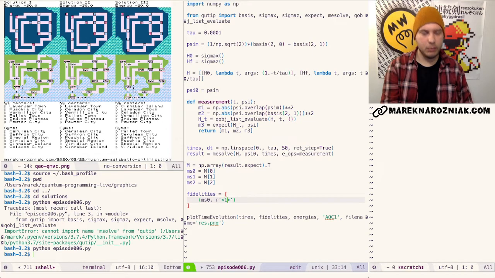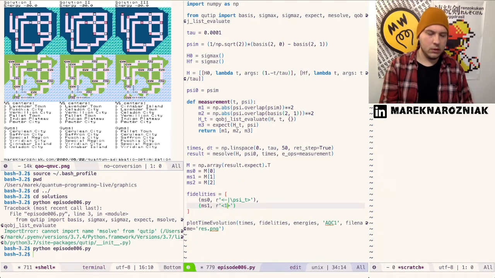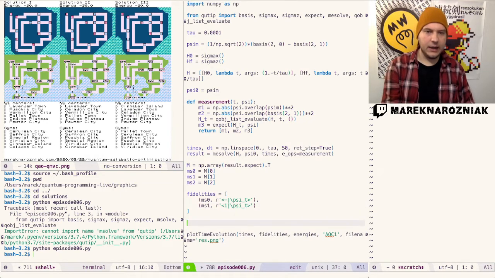No, this is minus psi at moment t. Okay, and also let's make the one state, of course. So this one's going to be 1 psi at moment t. So this is what we need for fidelities, and energies.